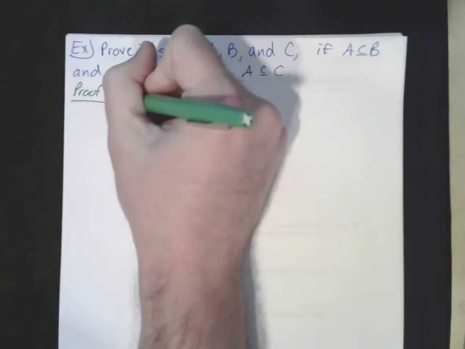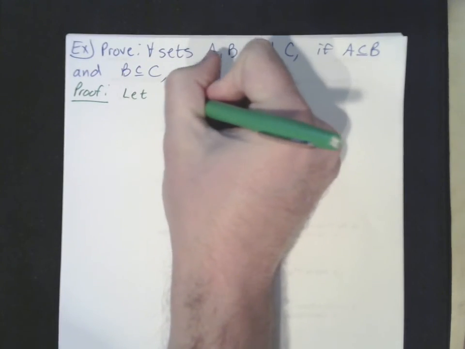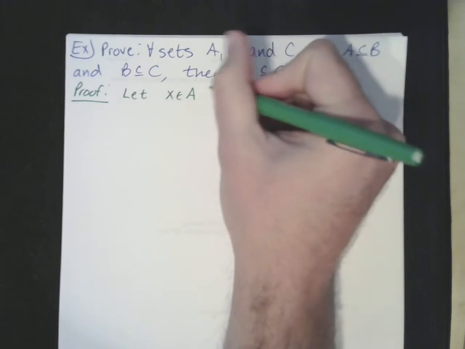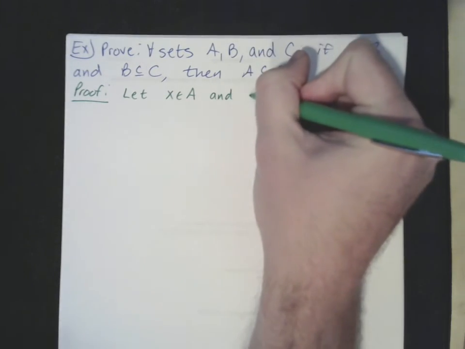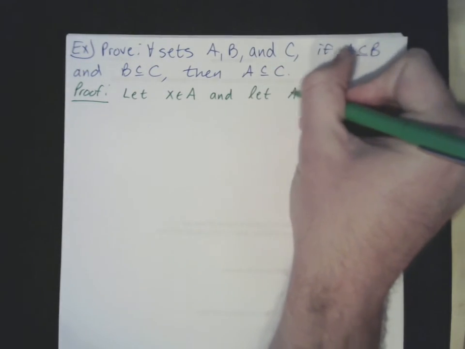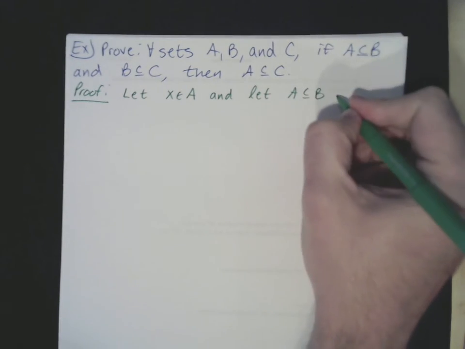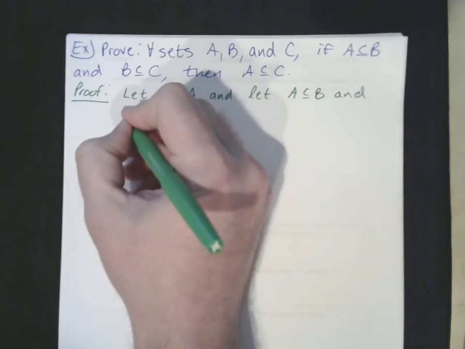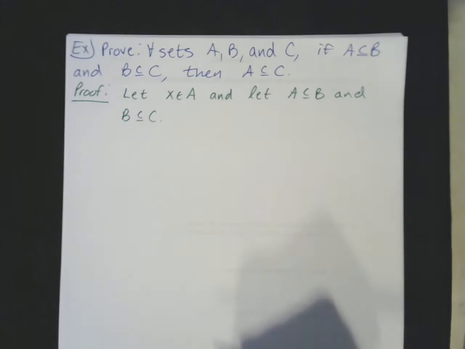So our first statement needs to let X be an element of A, and let A be a subset of B and B a subset of C. Those are hypotheses.